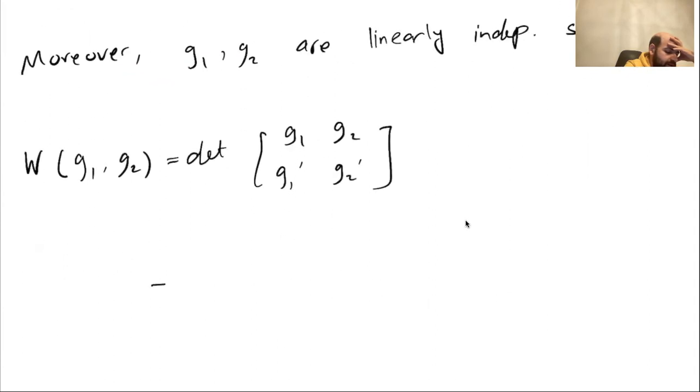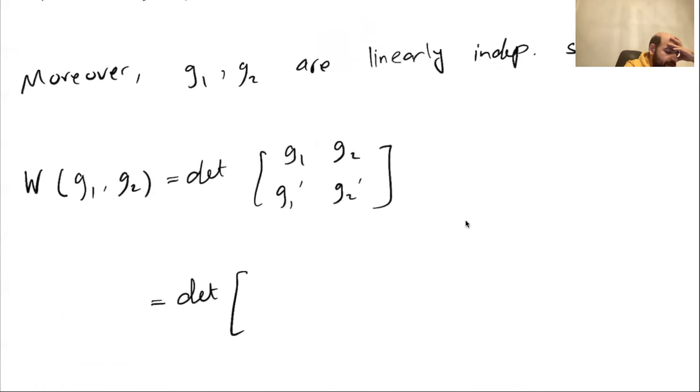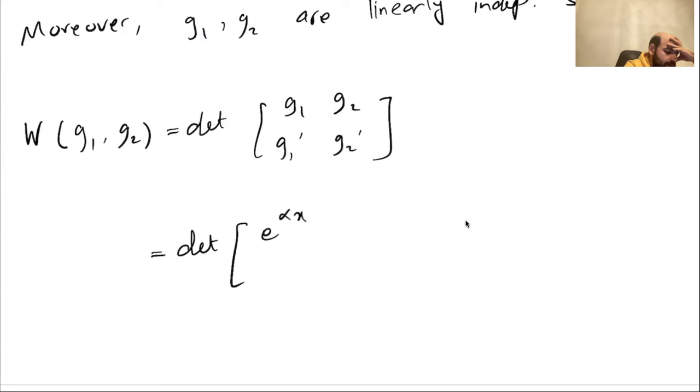And then this will be the same as the determinant. G1 here is e to power alpha x cos beta x, and then e to power alpha x sine beta x. So I also need the derivative of G1. How can I find the derivative of G1? We can use the product rule.